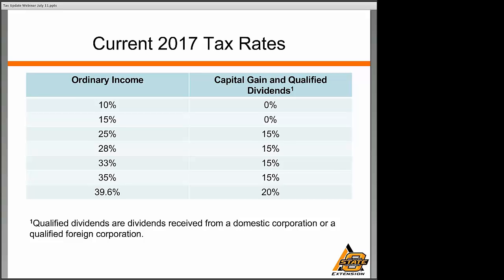If you're in the upper tax bracket, it's taxed at 20%. Remember what I said earlier, capital gains get a preferential tax treatment. This is why. Tax brackets on that are 0, 15, and 20, where the others run from 10 to 39.6. Now, qualified dividends also get the same capital gains treatment if it's a domestic or qualified foreign corporation.